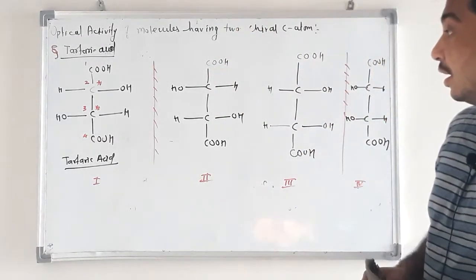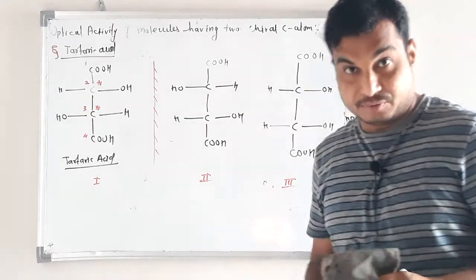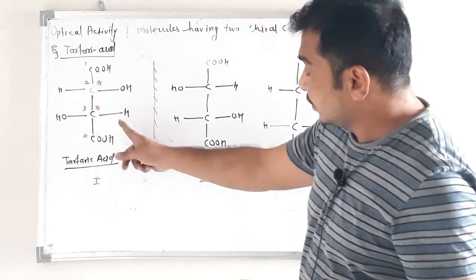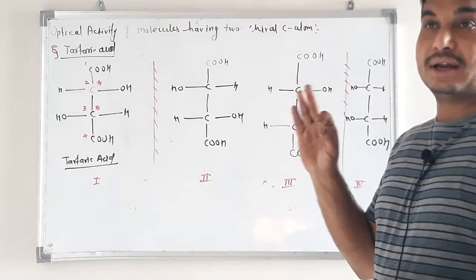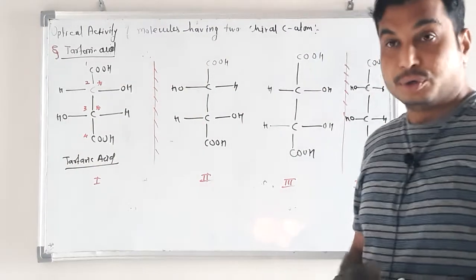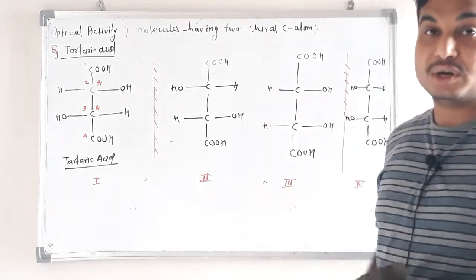Now I have to explain optical activity, whether these compounds are optically active or not. Okay, see, if we pass plane polarized light through a solution of tartaric acid 1, then there is a rotation toward the right side.